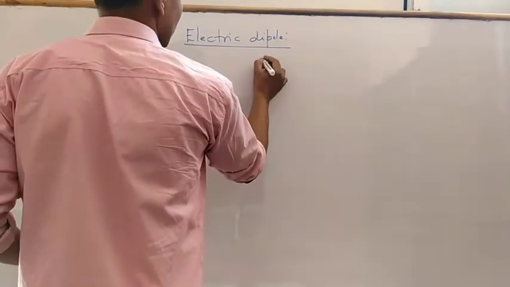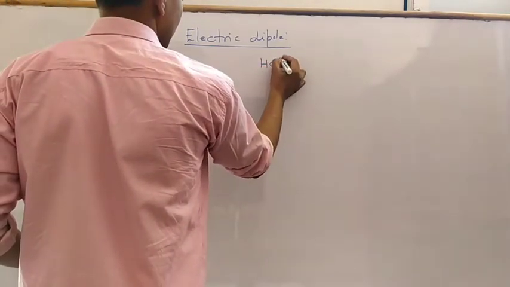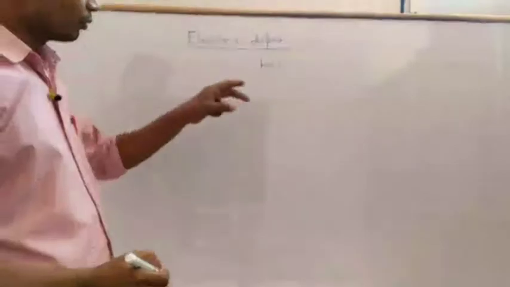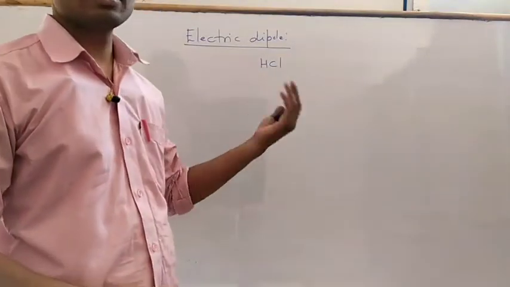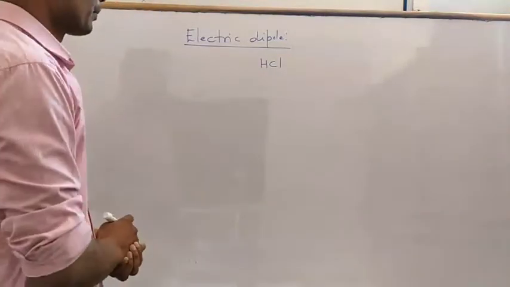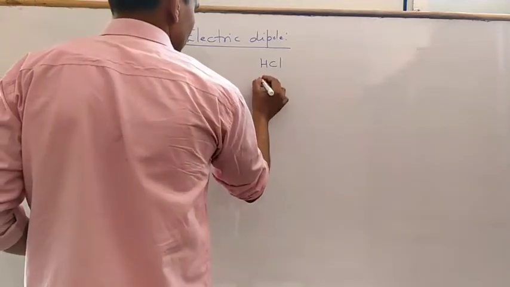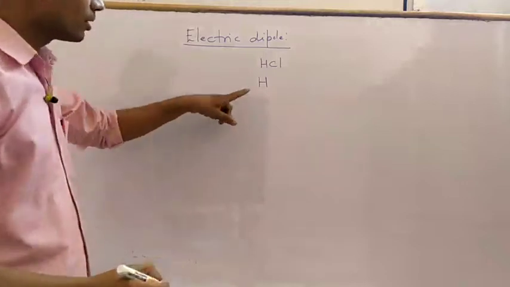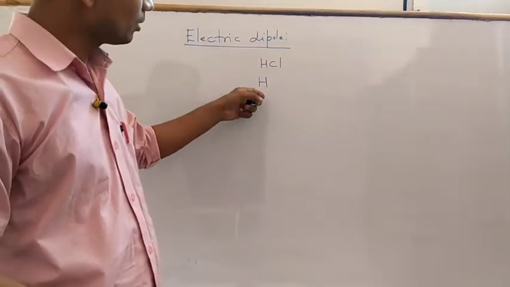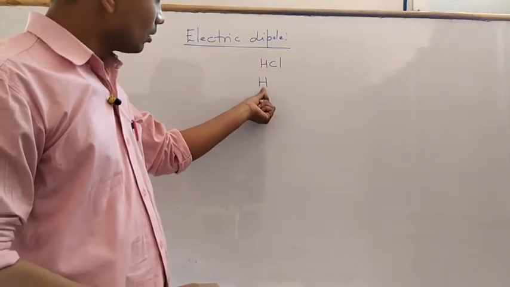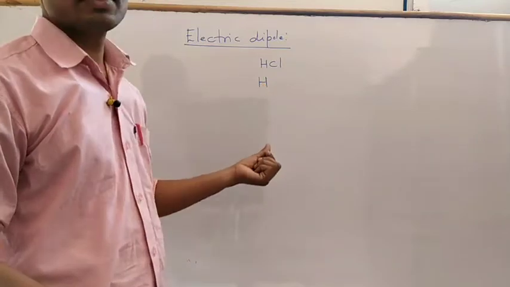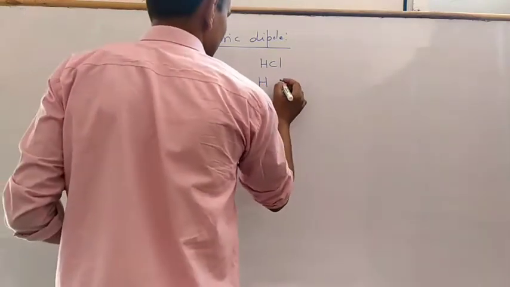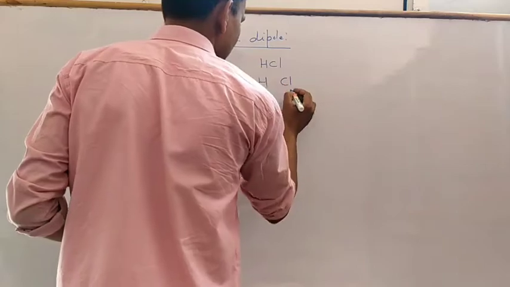Suppose this is hydrochloric acid, HCl, a covalently bonded molecule. Here the hydrogen atom is the less electronegative atom, and the chlorine is the highly electronegative atom.